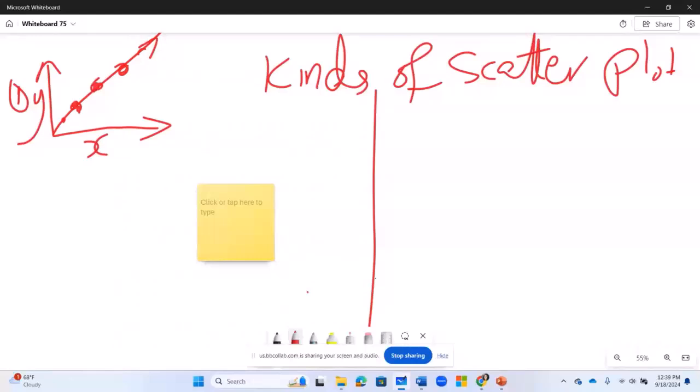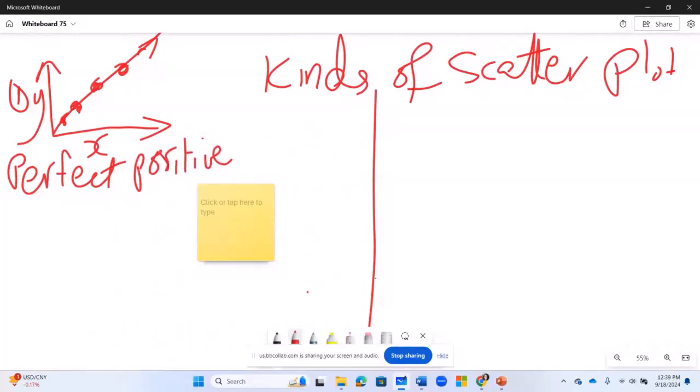So when I have a scatter plot where all the points are on the line, I will say perfect positive linear relationship. And what does it mean?